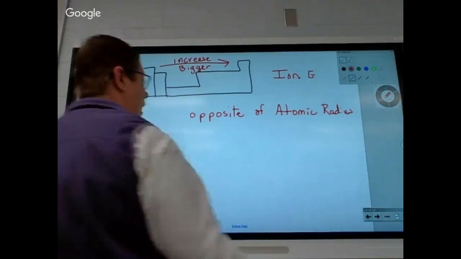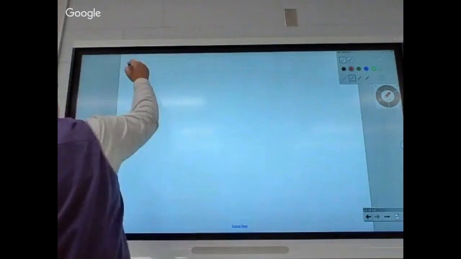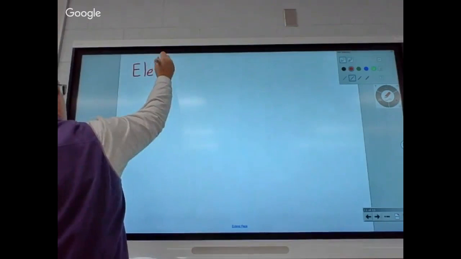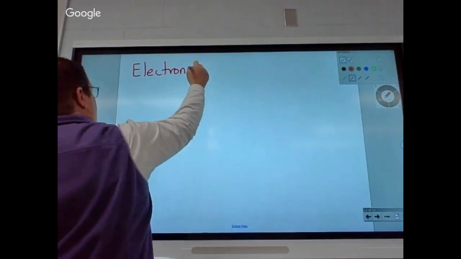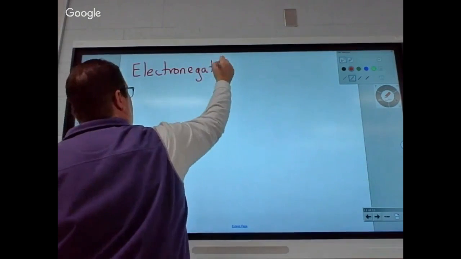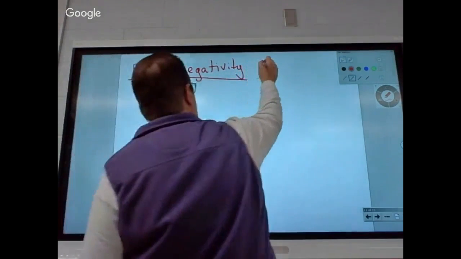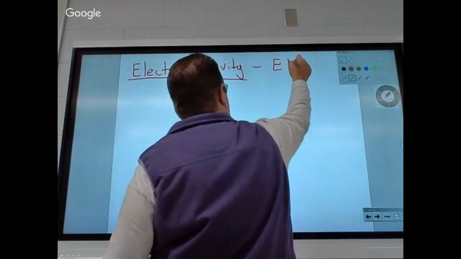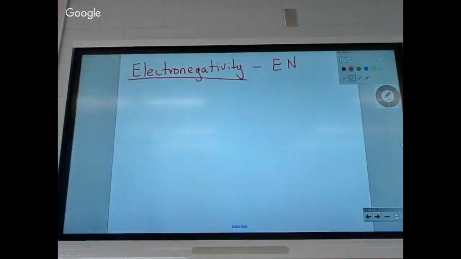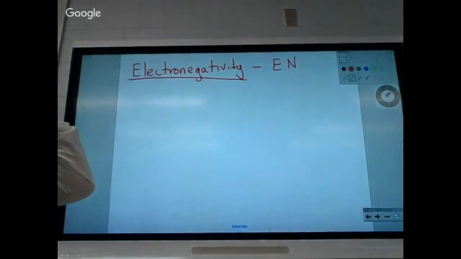Keep going. All right, electronegativity, last trend. Now, this trend is the one we will use late in class tomorrow to start bonding. It's abbreviated EN so that we don't have to write the word out all the time, okay?